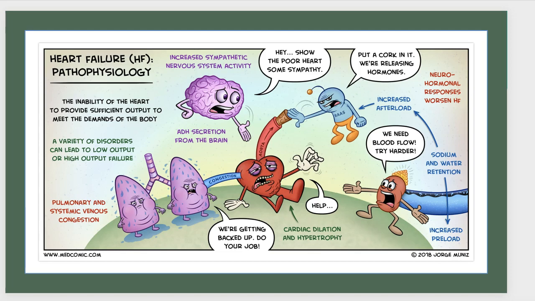We will have an increased sympathetic nervous system activation. ADH gets secreted from the brain. We have increased afterload and possibly increased preload. We have cardiac dilatation and hypertrophy. And there's neurohormonal responses that will also worsen heart failure.